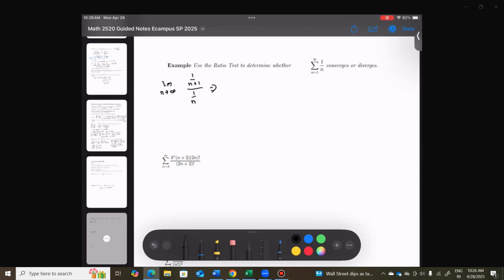This becomes limit as n goes to infinity of n over n plus 1, which we can write as the limit as n goes to infinity of 1 over 1 plus 1 over n. Just divide top and bottom by n. And as n goes to infinity, this becomes 1. Okay, so in this case, the test is inconclusive.